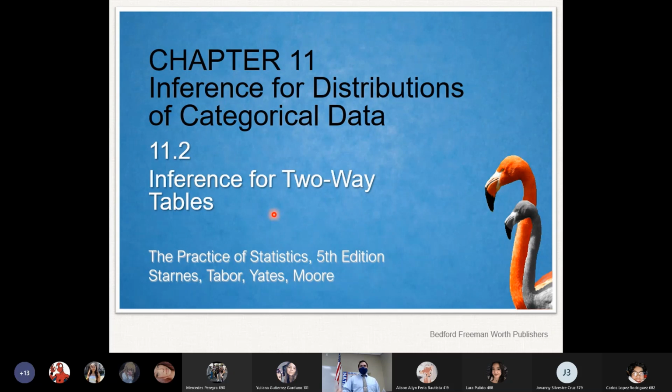The next two have to do with two-way tables. One is to see essentially if the two-way table from our sample fits with the proposed or claimed distribution of the two-way table. The other one is to test for association. So we have two different tests dealing with two-way tables.